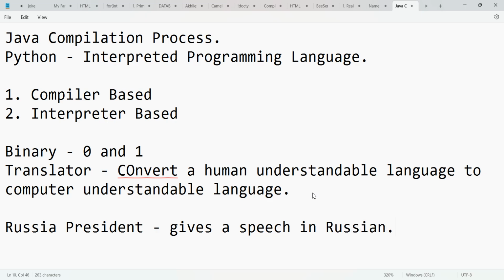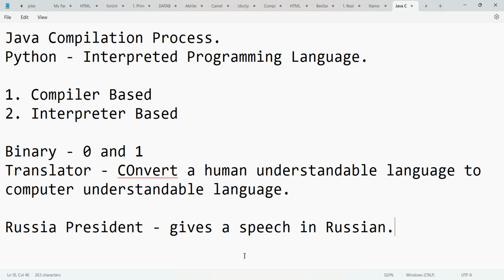Now you will observe that the people sitting there, how are they going to understand what he is speaking? There is a live translator who takes one line of whatever he is speaking and immediately translates it to English so that people sitting there can understand.